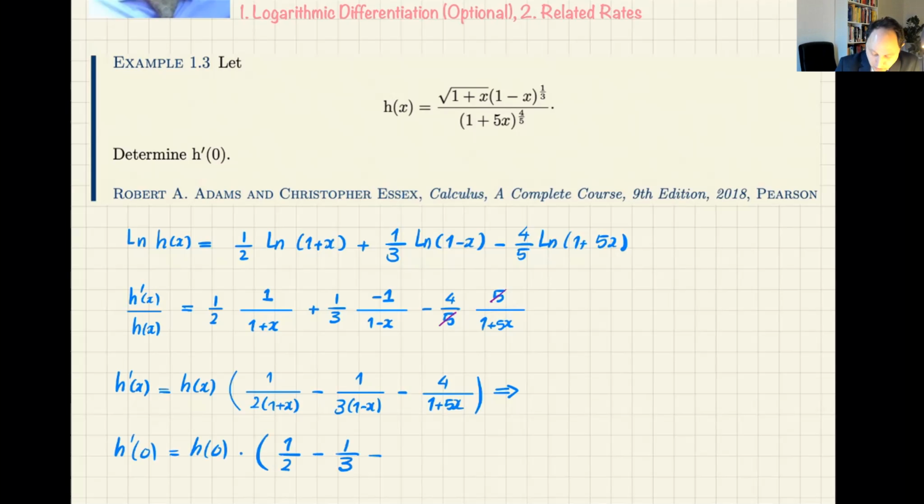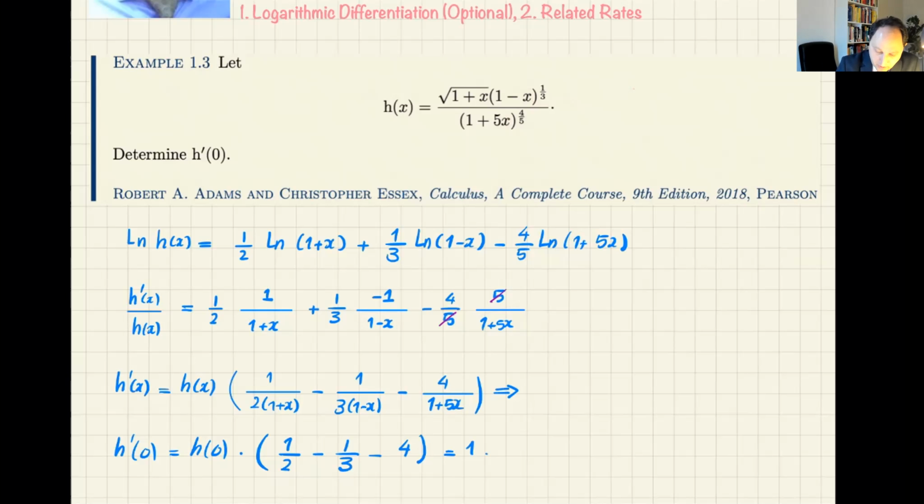And then the other one becomes minus 4. But if I ask you what is h of 0, that is also simple. What you need to do is put 0 here, 0 here, 0 there. The numerator becomes 1 times 1 to the power 1/3, divided by 1 to the power of 4/5. But this becomes exactly 1 again. So this is nothing except 1.